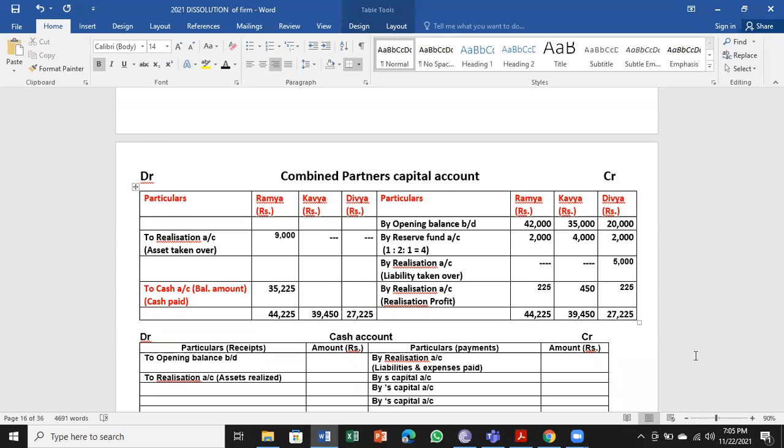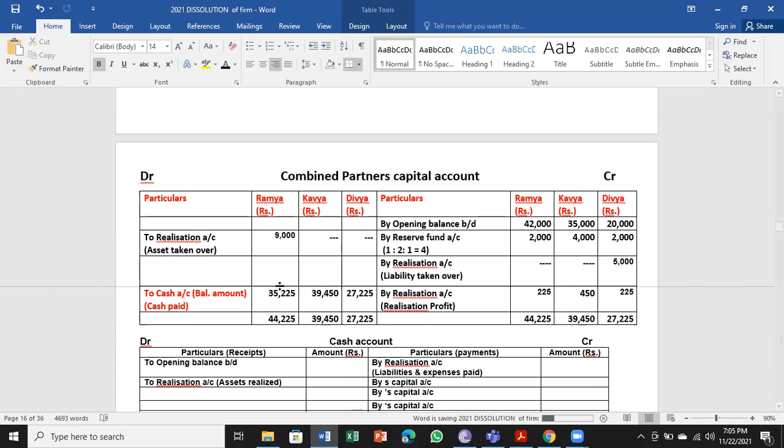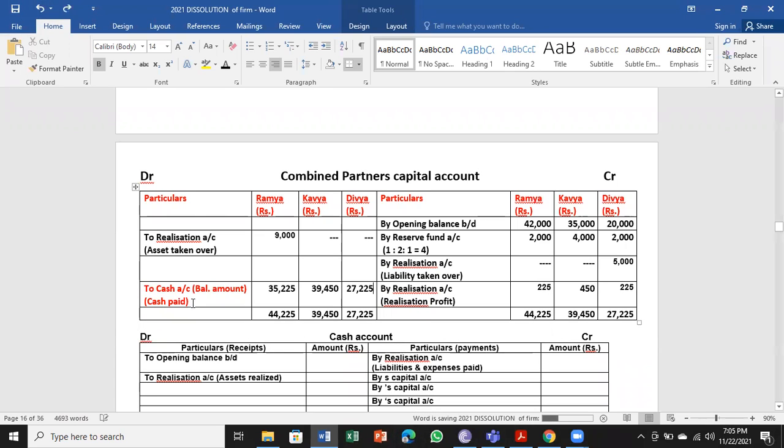Next, Kavya, debit value is nothing, so full 39,450. Then for Divya also the same thing, 27,225, debit is nil. So we have balanced the partners' capital accounts and found the cash to be paid to partners.